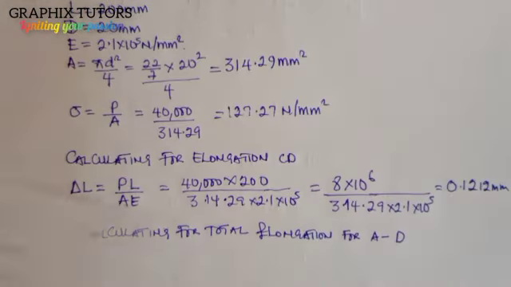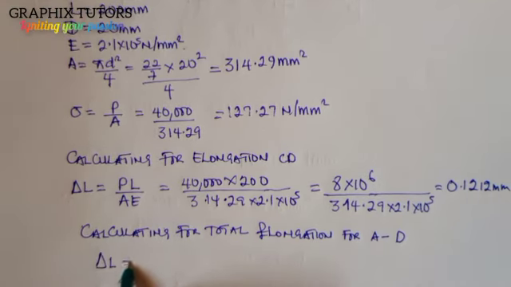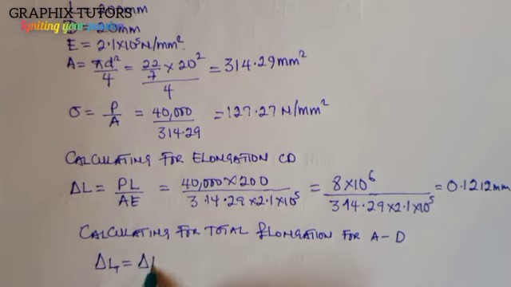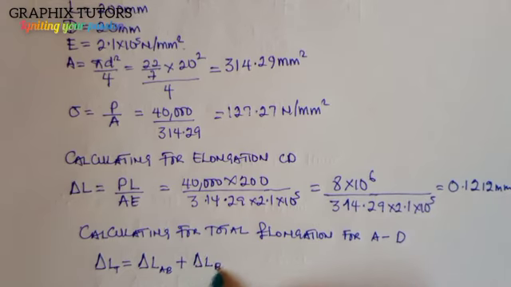So we know that the total elongation delta L will be the elongation along AB plus the elongation at BC plus the elongation at CD.